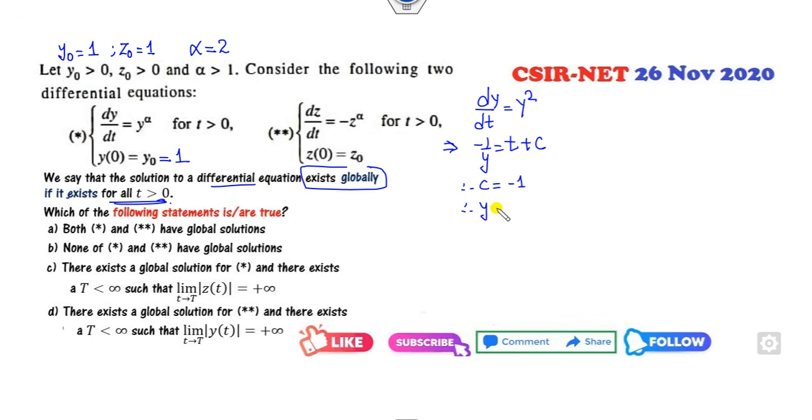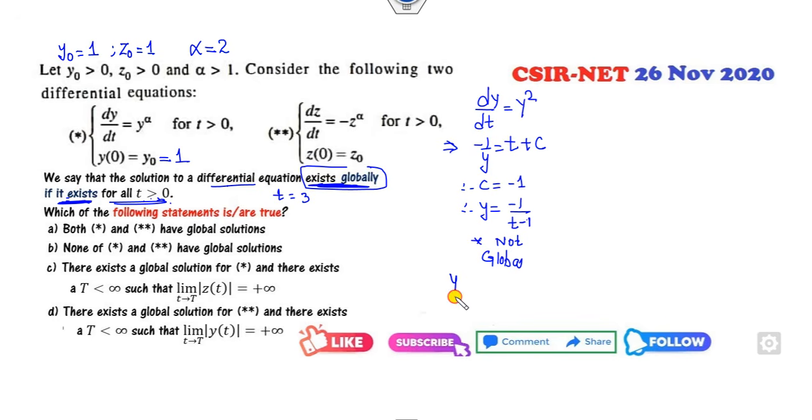Therefore the value of y will be minus 1 over t minus 1. Is it always greater than 0? No, because if I choose simply t as 3, this number is negative. It means star is not global. Look at the condition: it exists globally if it exists for all t greater than 0.